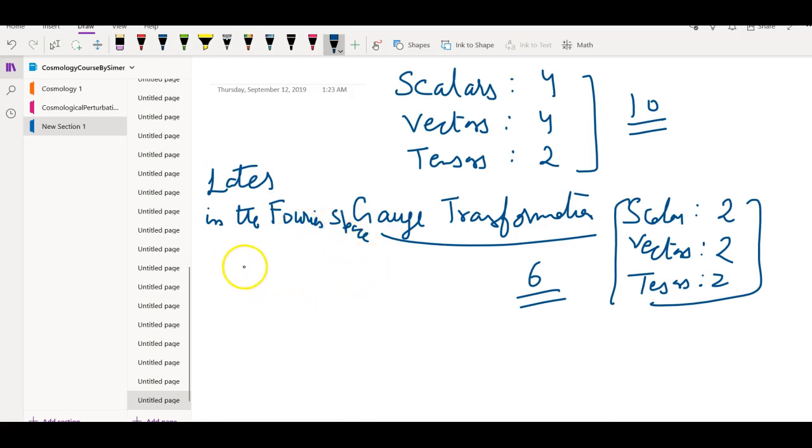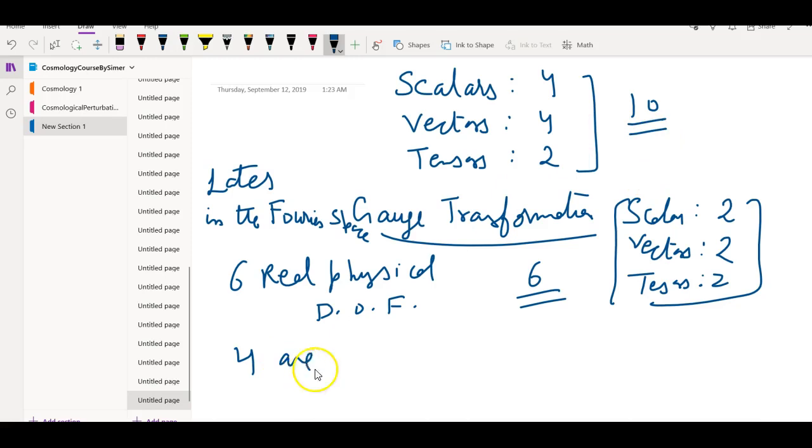So there are 6 real physical degrees of freedom and 4 are gauge freedom. 4 are gauge degrees of freedom, which means they can be eliminated.